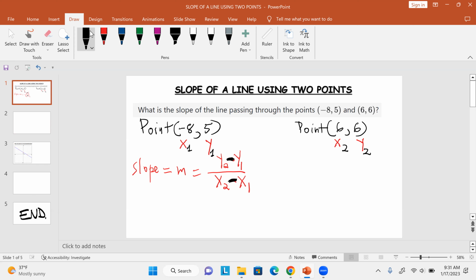So the rest here is just to substitute y2, y1, x2, x1 and do the calculation.